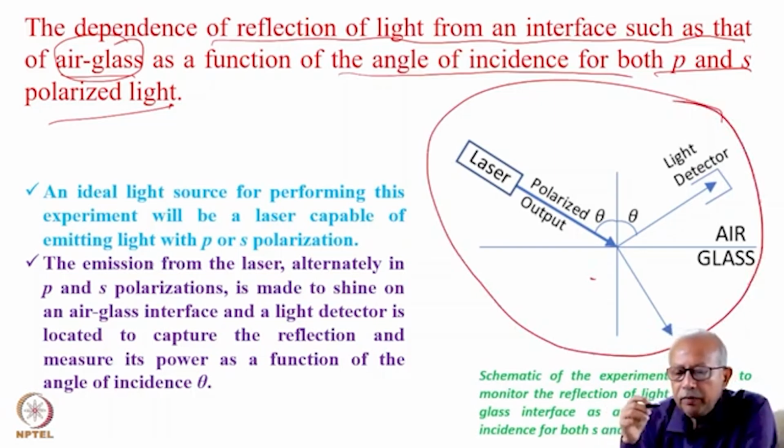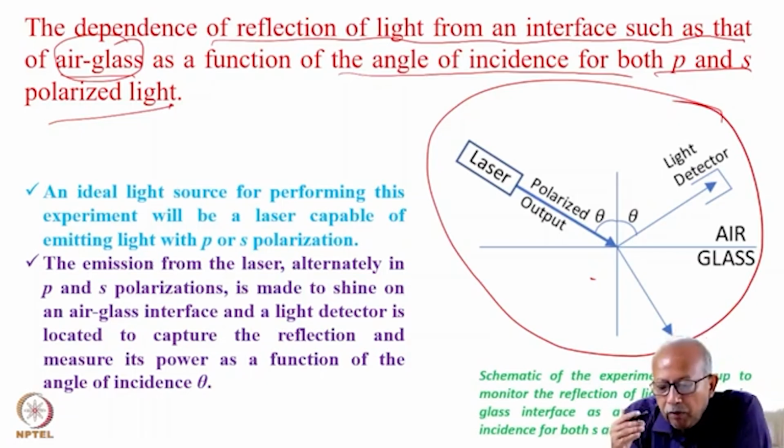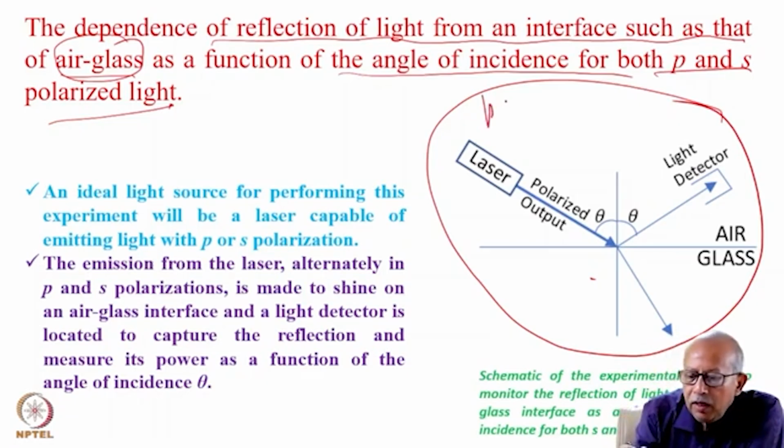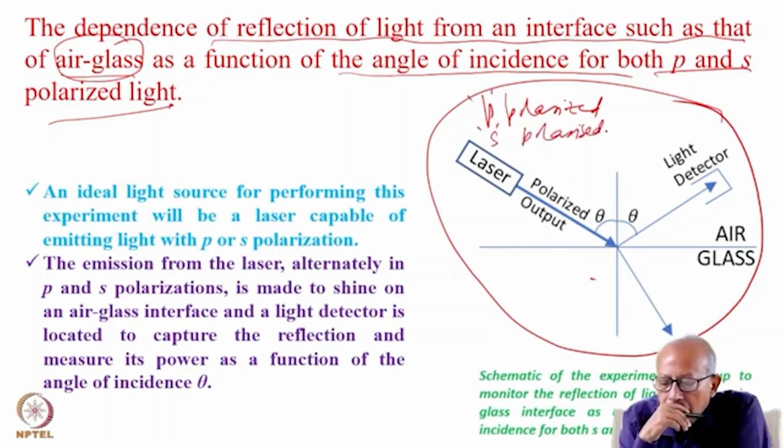For this experiment, we use a laser which can give both P polarized light as well as S polarized light. And this light shines on an interface between air and glass.